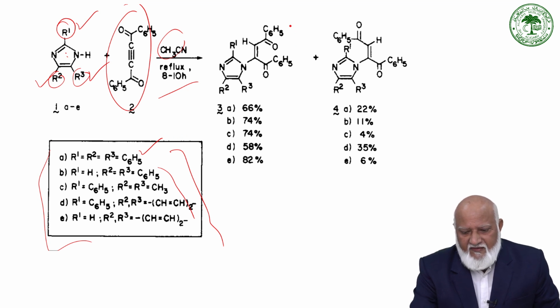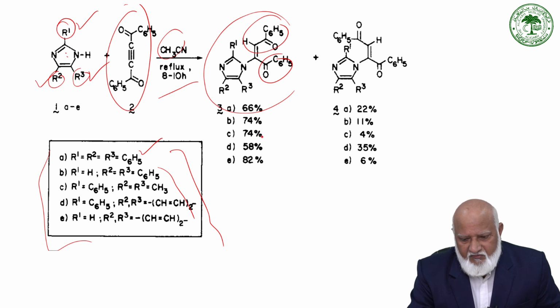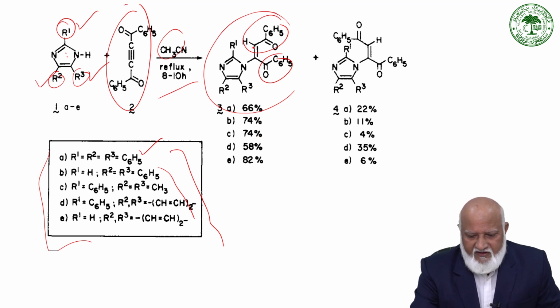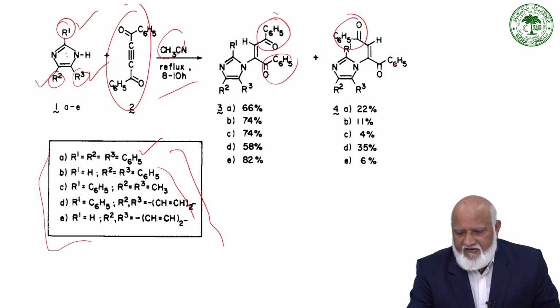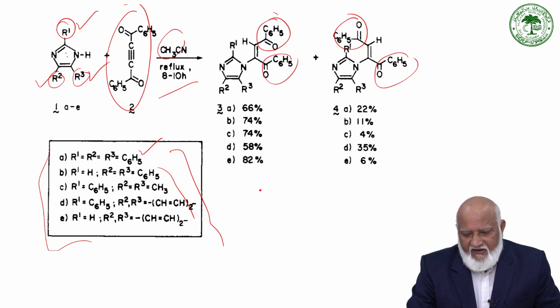It gives rise to two isomers, E and Z: one with the two benzoyl groups on the same side, and the other where the two benzoyl groups are on opposite sides.